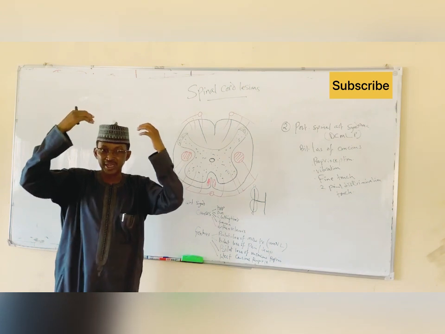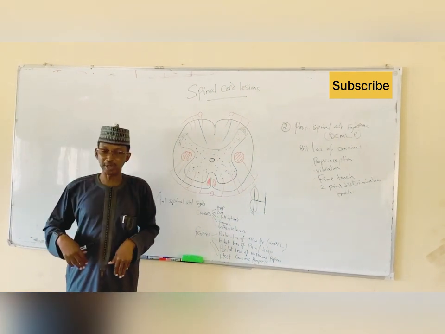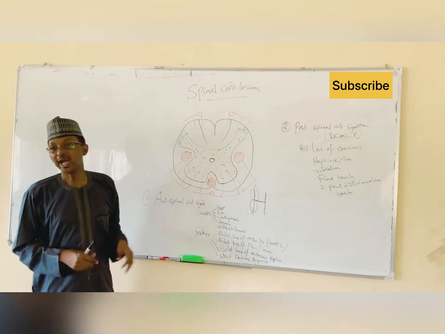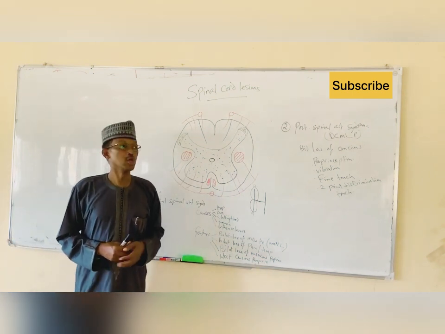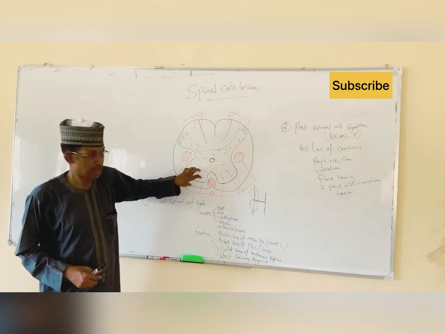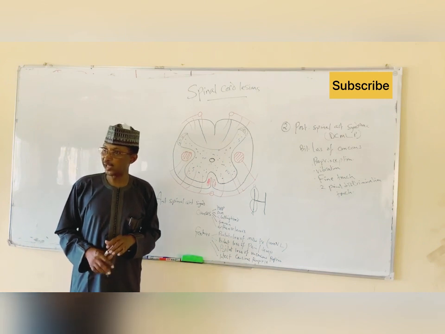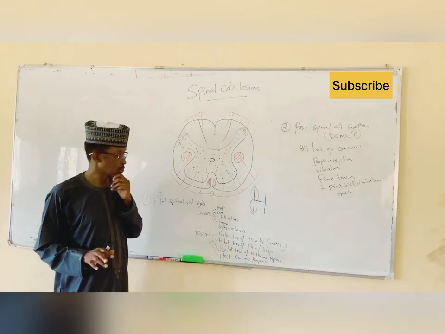Motor information coming from the cerebral cortex through the brainstem into the spinal cord passes through the anterior horn of the spinal cord. So that means the anterior horn has to do with motor function. The posterior horn has to do with sensory function. Are you all clear? Good.